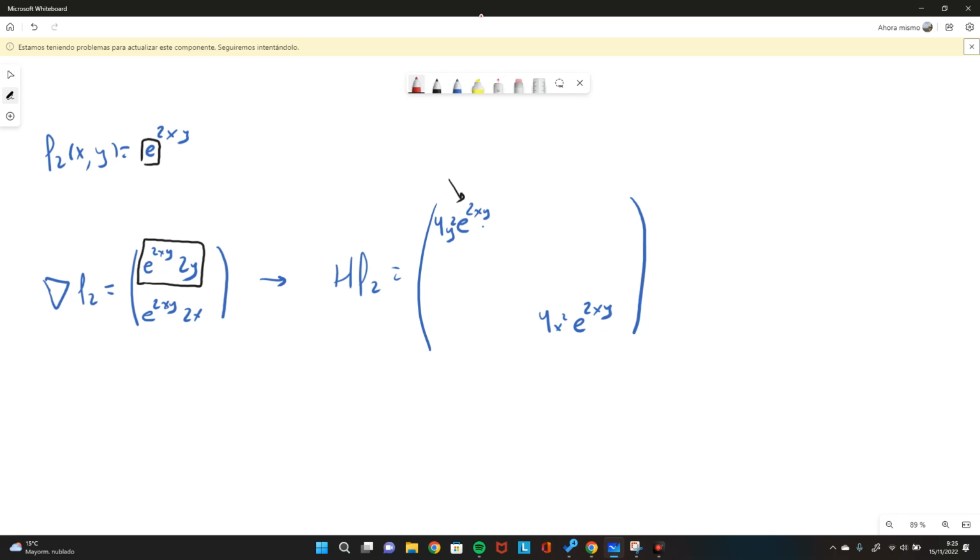The other two derivatives, the derivative of this first one in respect to y and the second one in respect to x, there we have a product. We have two functions of y in the first case and two functions of x in the second case. So it has a little bit more of a kick, maybe a little bit more of difficulty, but anyhow, I'm gonna do this one, okay?